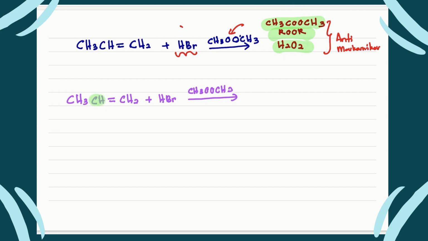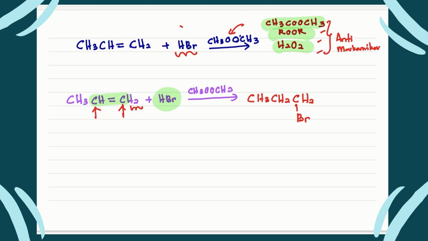So we focus on these two. Which carbon contains more hydrogen? Of course this one. But the hydrogen will attach to the carbon with less hydrogen. Remember, anti-Markovnikov is only for HBr in the presence of either one of these.